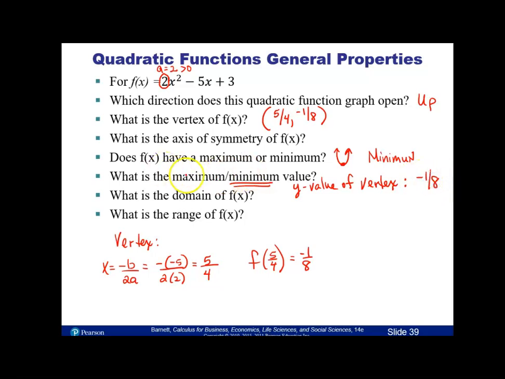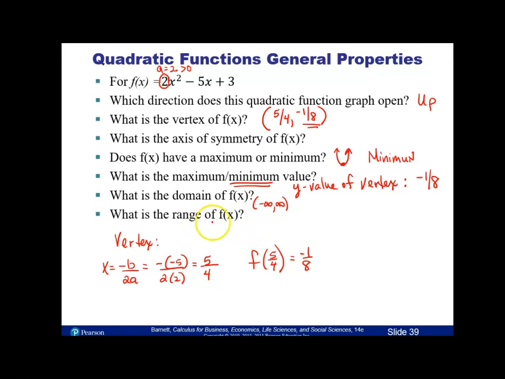So anytime you're asked to find a maximum or minimum value, you're going to go right to that vertex and give the y coordinate of it. As far as the domain goes, the domain is going to be all real numbers because it's a quadratic function.